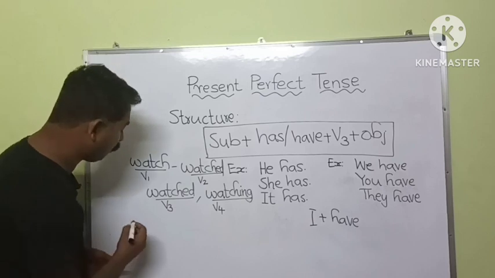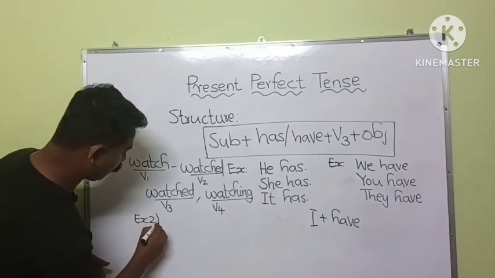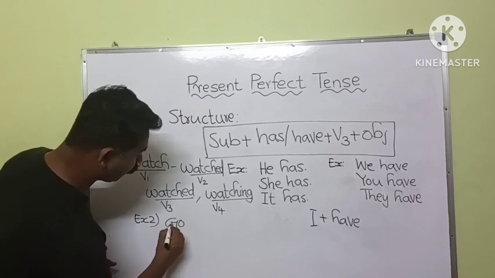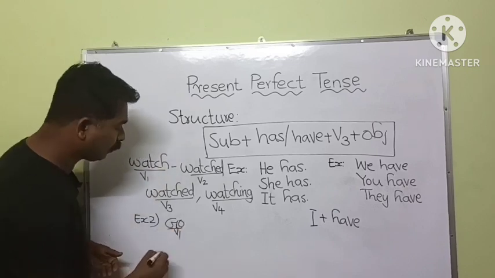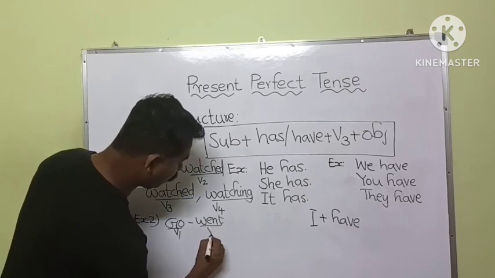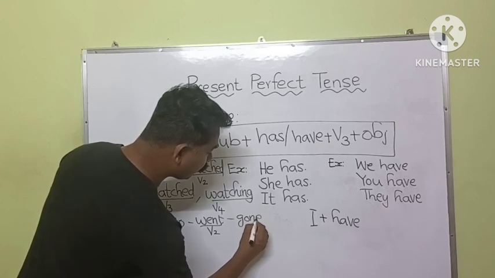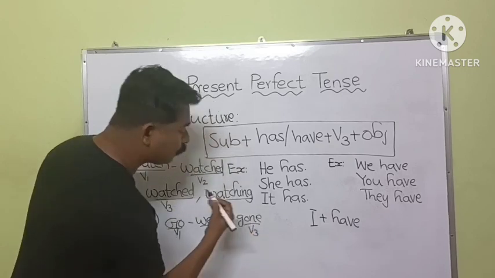Another example for you: go, V1. Went, V2 form of the verb. Gone, V3 form of the verb.